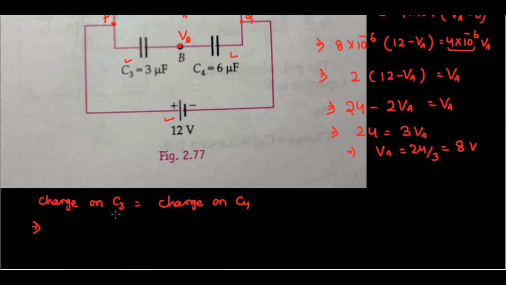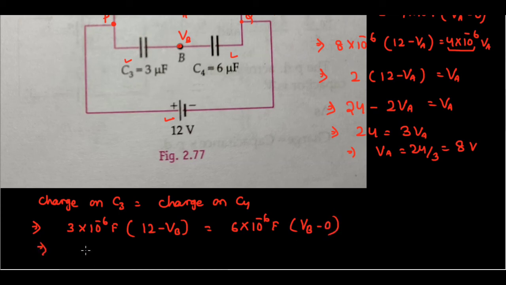What is the charge on C3? I have to write the capacitance, which is 3 into 10 to the power minus 6 farad, into the potential difference across C3, which is 12 minus VB. That is equal to the charge on C4, and we know that the capacitance of C4 is 6 microfarad, which is 6 into 10 to the power minus 6 farad, and the potential difference will be VB minus 0.